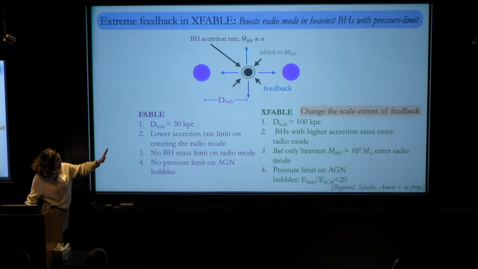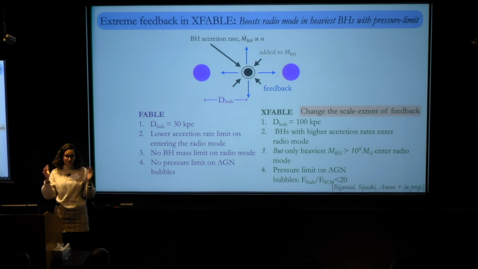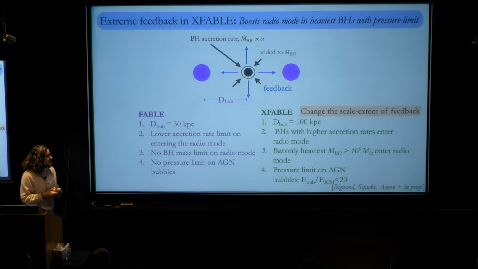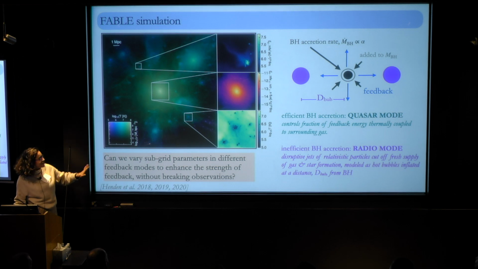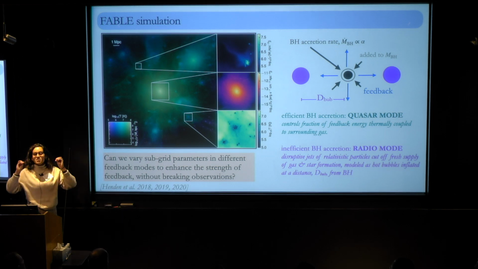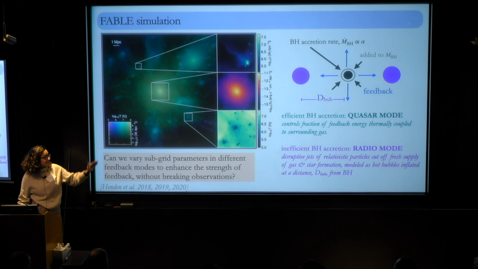Xfable is the best model that we got. Really, this was addressing the scale extent issue that we put out as a plausible solution to why the X-ray were giving different results to the KSC. When you're in the radio mode of feedback, the way it works in the simulation is you're ejecting energy in jets at some bubble radius, dbub.